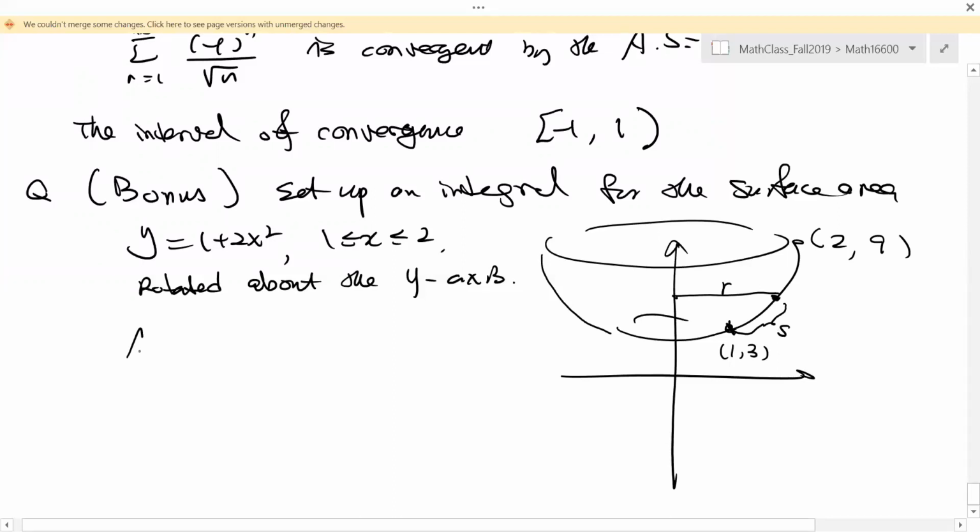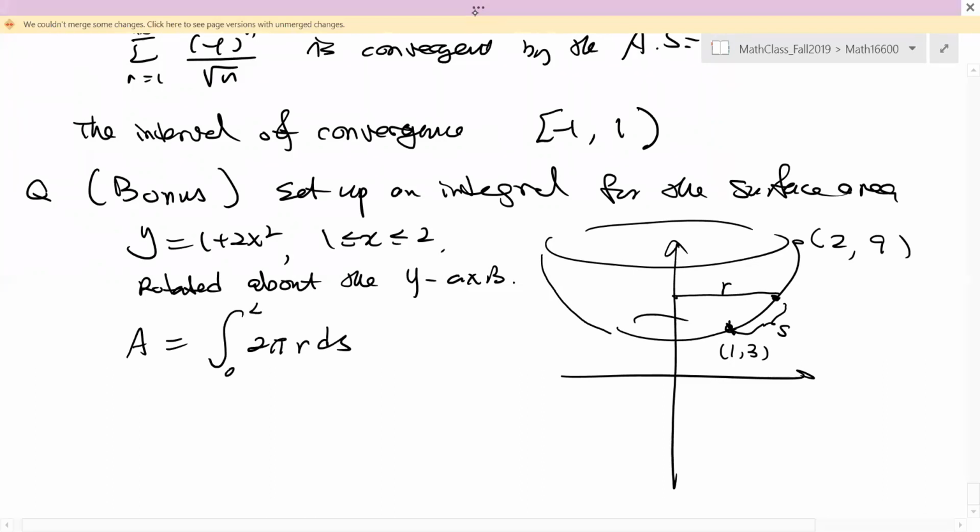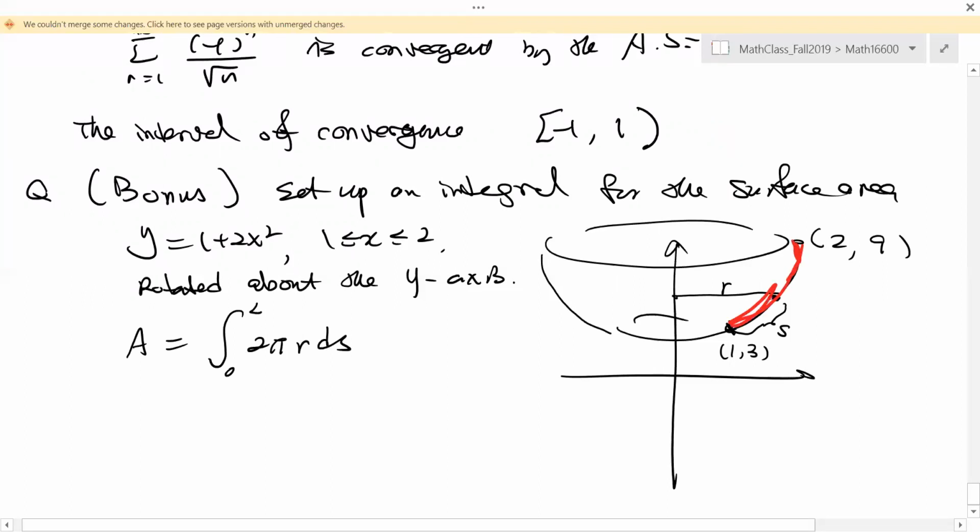So the area formula is going to be the integral of 2 pi r ds. s represents the arc length of the curve, and we don't know how long s is. This is from 0 to L, if the length of this curve is L.